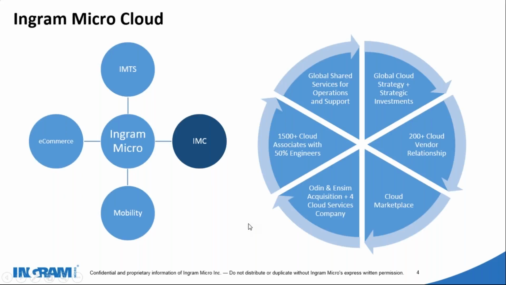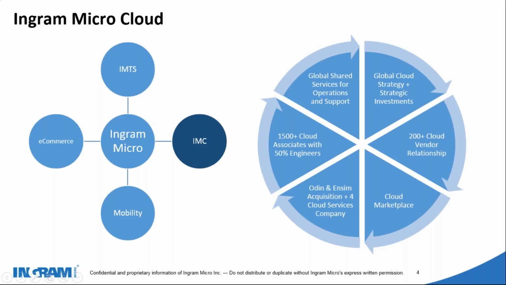Just to quickly give you an introduction for those people who are not really clear about how we operate as Ingram Micro. Ingram Micro Cloud is one of the global business units of Ingram Micro. The one which you see on a daily basis is the IMTS, which is the technology solutions, the distribution of hardware and software solutions on a regular basis.